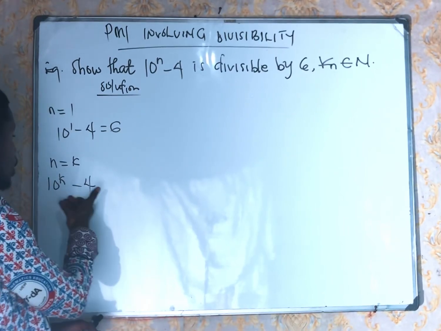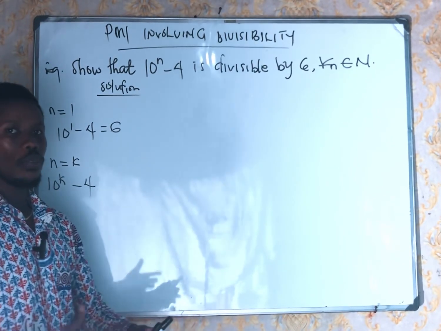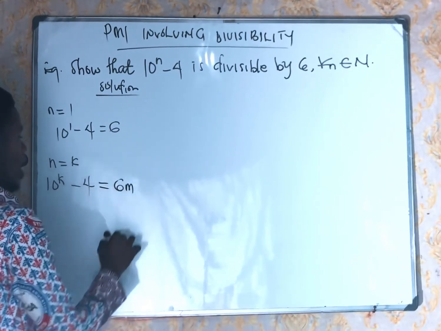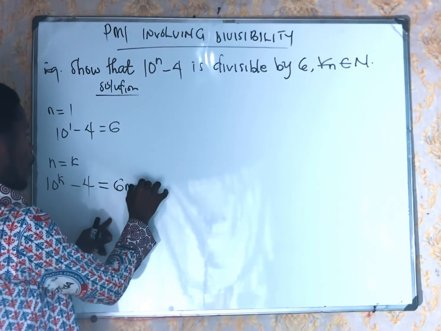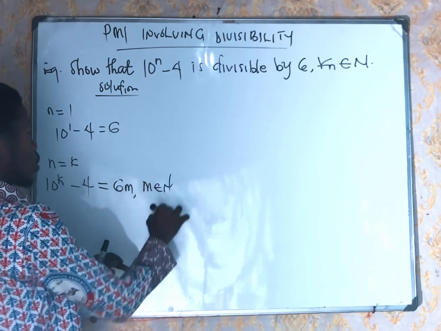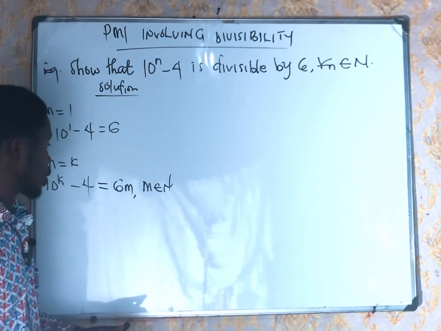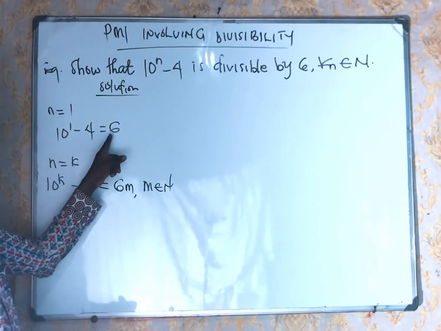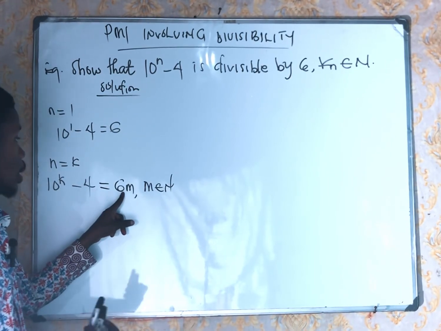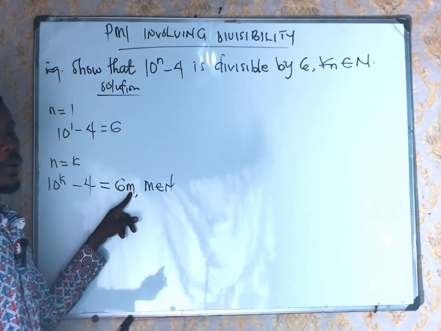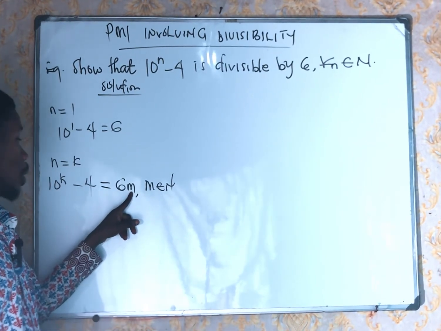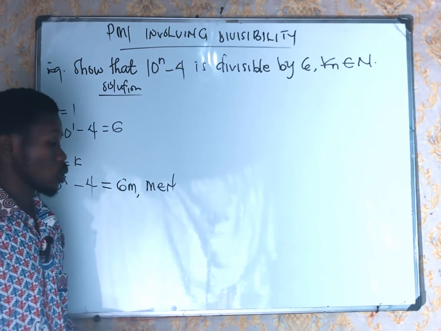We assume that this statement is divisible by 6, so we equate it to 6m, where m belongs to the natural numbers. What we are trying to say is that 6 times any natural number, when divided by 6, divides without any remainder. So that is the divisibility we are talking about.